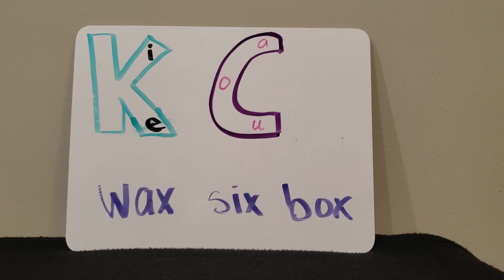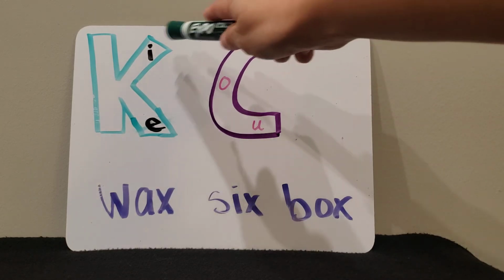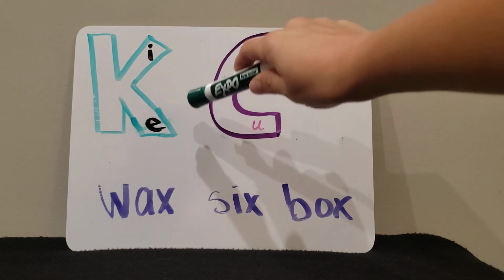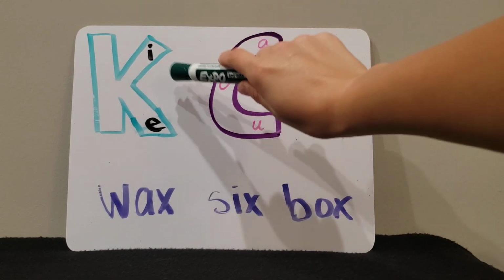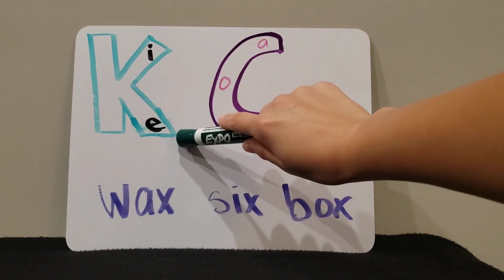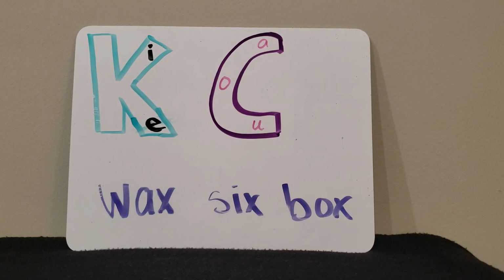So when there's an I or an E before the k sound, that means the last letter is going to be a K. So whenever we see I or E, that's why I drew the letter K, and I wrote I, E. C goes before the other three.